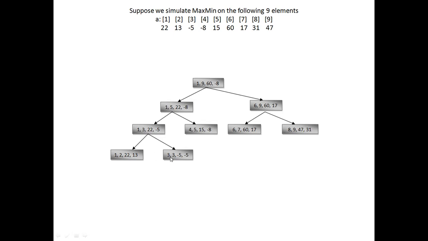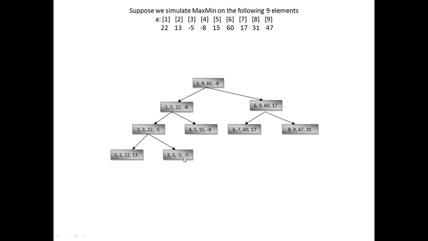There is only one value. What is that value? -5. Since there is only one value in this subproblem, this -5 is the biggest, and this is the smallest value.